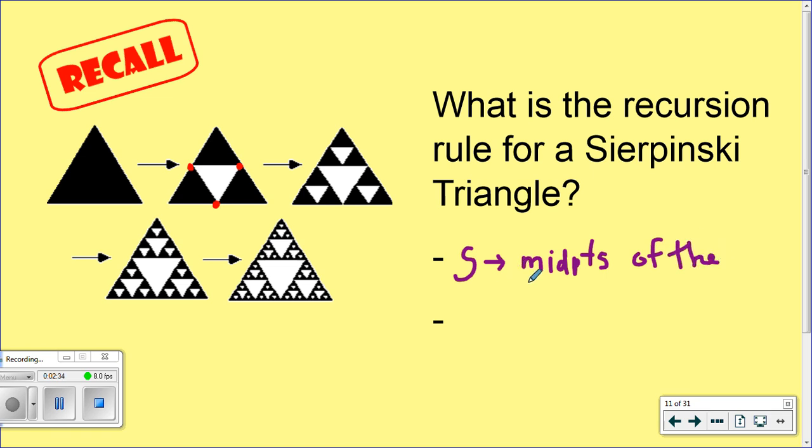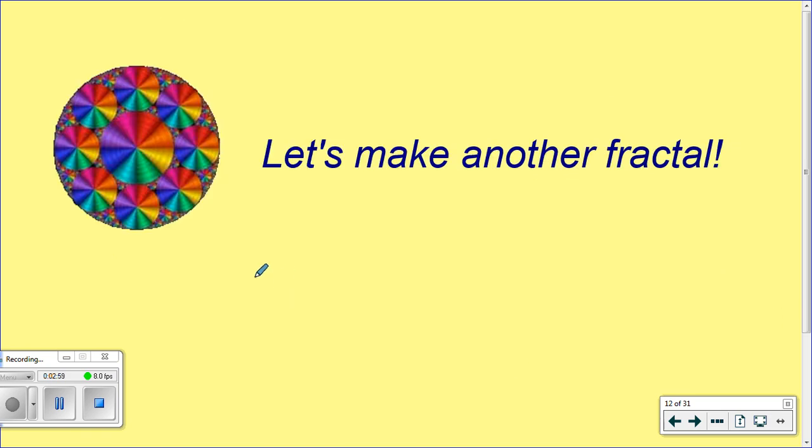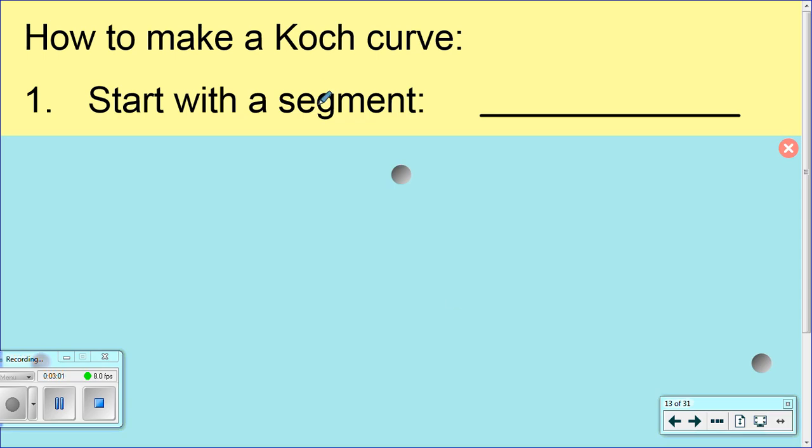Not of all the triangles, but just of the upward facing triangles, right? So if we always connect the midpoints of the upward facing triangles, we're going to get this pattern called the Sierpinski triangle. So connect the midpoints of the upward facing triangle. That's our recursion rule.